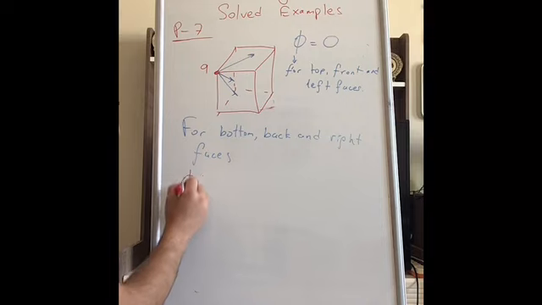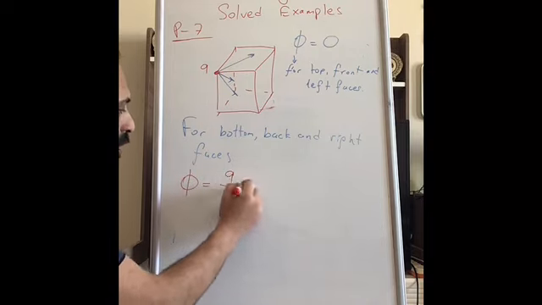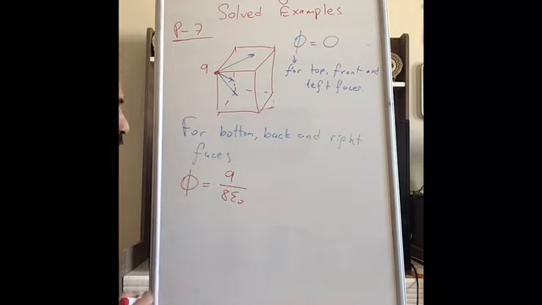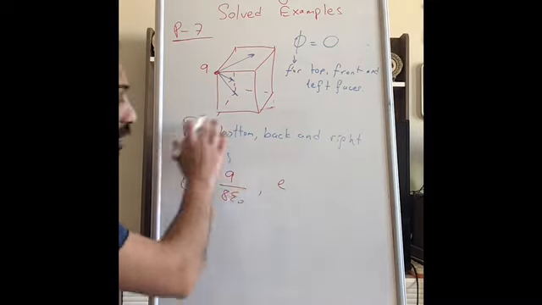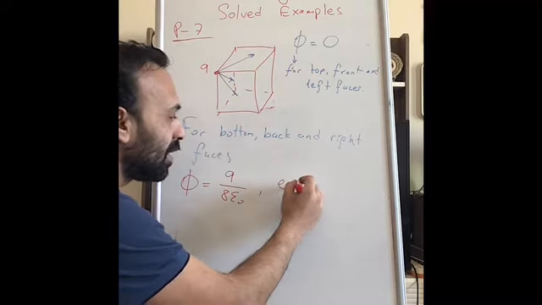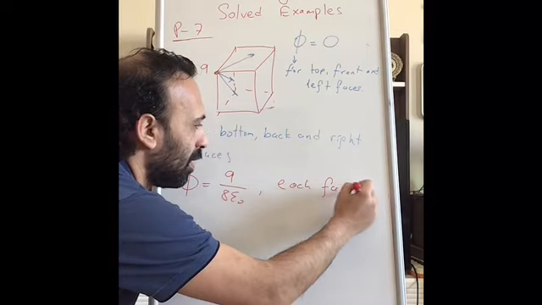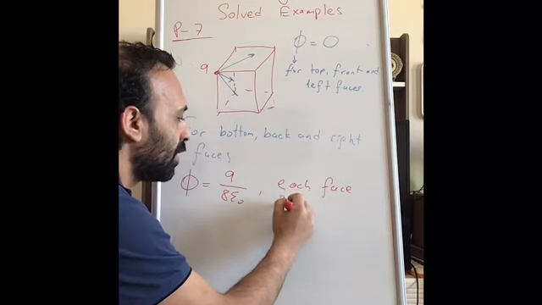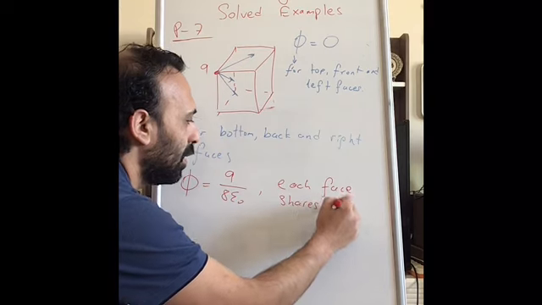We already calculated phi, which is equal to Q over 8 epsilon 0, and each of these three faces, bottom, back, and right, shares it equally.